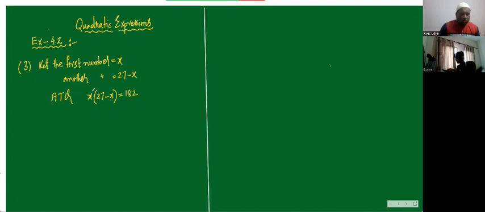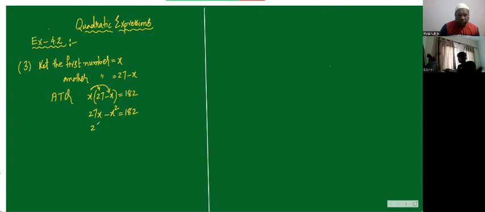So I'll frame a quadratic expression and I will leave it up to you to solve. 27x minus x square is equal to 182.